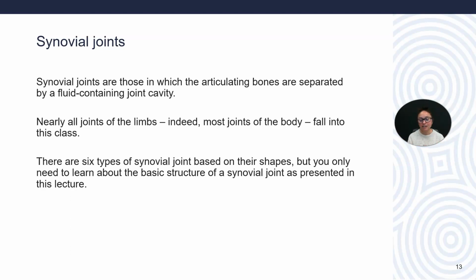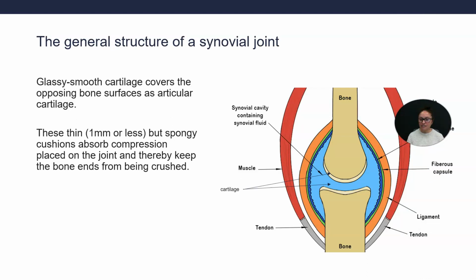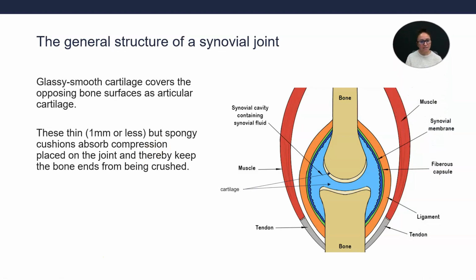There are 6 types of synovial joints, but all we're going to do for you now is show you the basic synovial joint, and you need to understand that because all the other ones are kind of variations of this. Let's see what is in this synovial joint, the general structure.